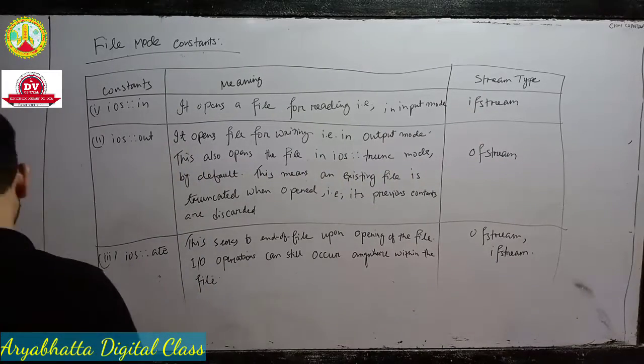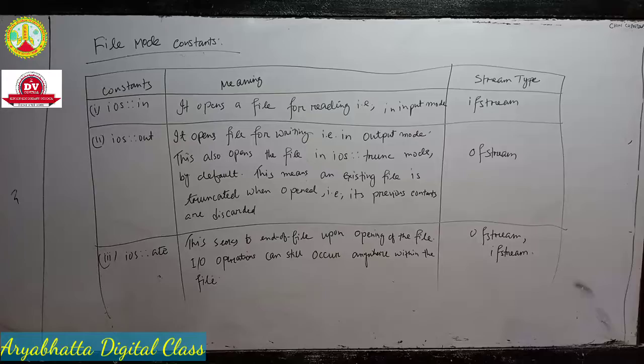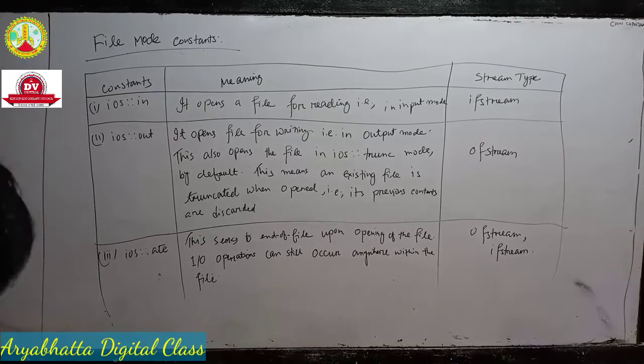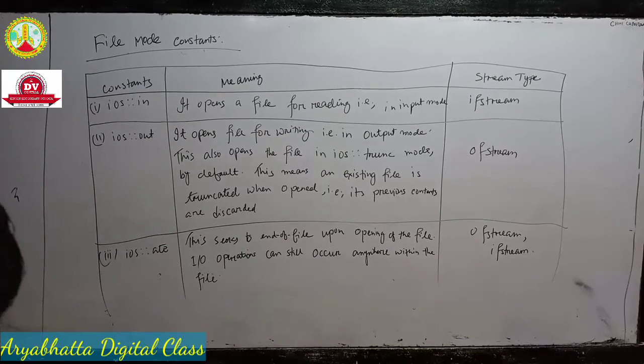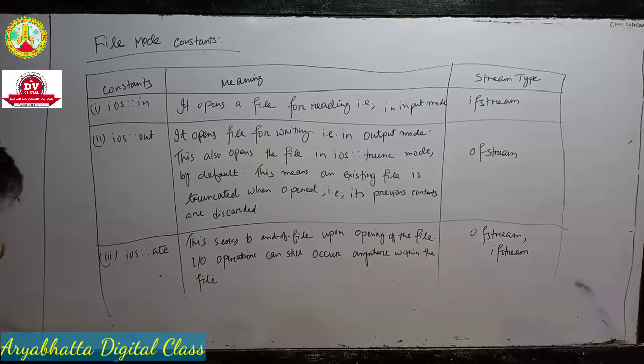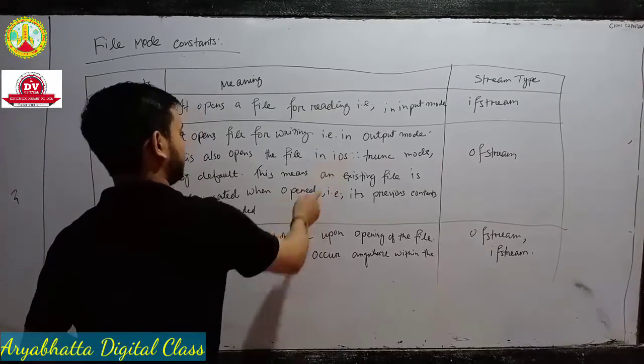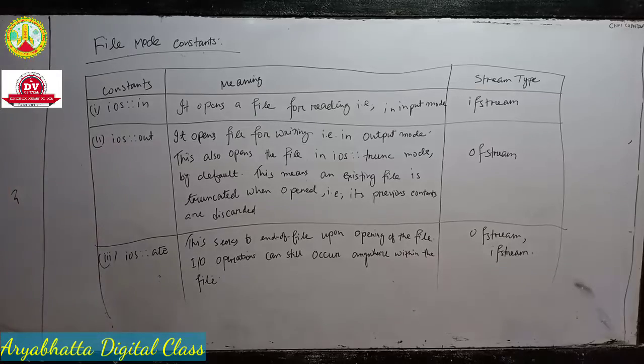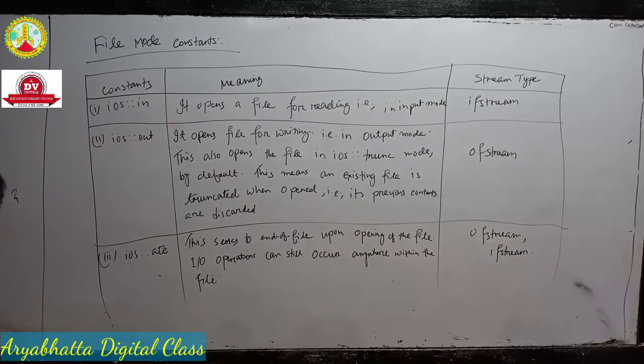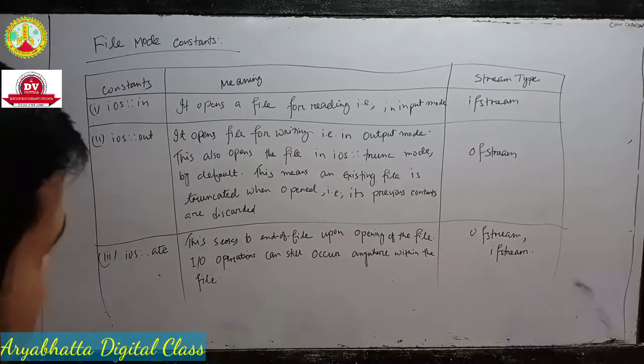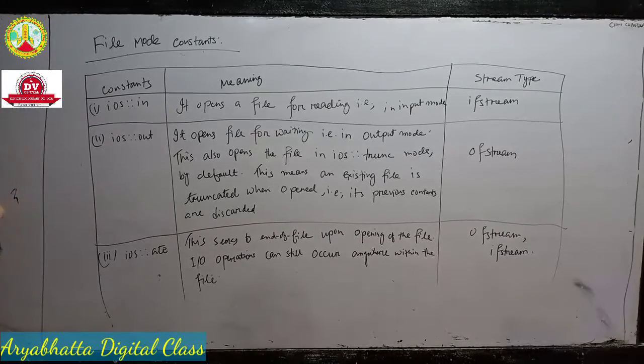First of all, I explain to you these three file mode constants. First two we already know. First one is ios::in, opens a file for reading, meaning input purpose. Second one is for output purposes. I give you this ios::trunc, and ate, ios::ate, sets the end of file upon opening the file, and this is for ifstream and ofstream both we use.